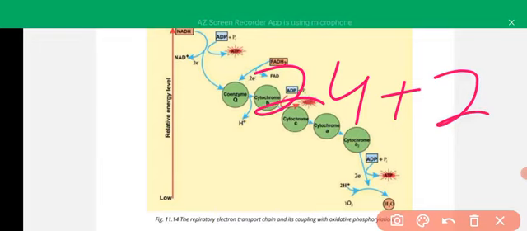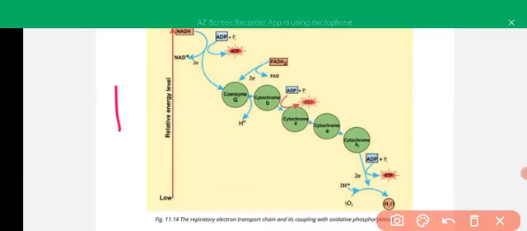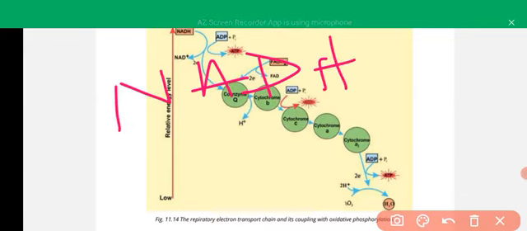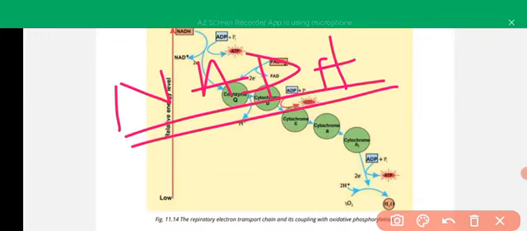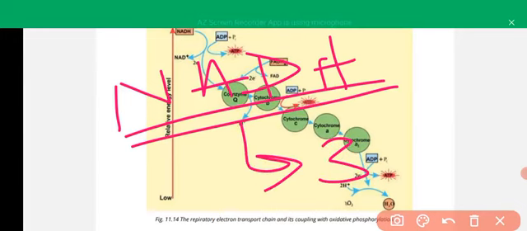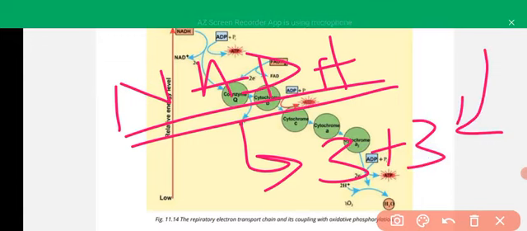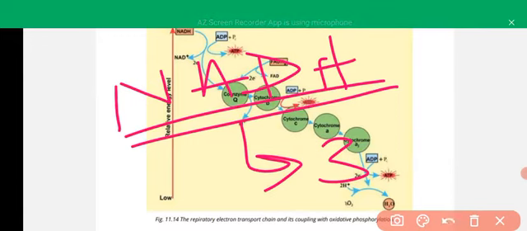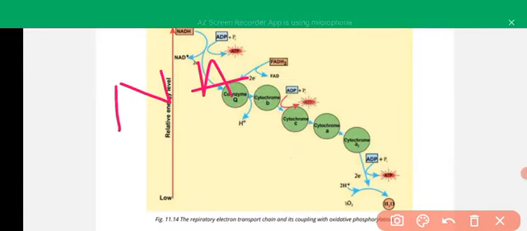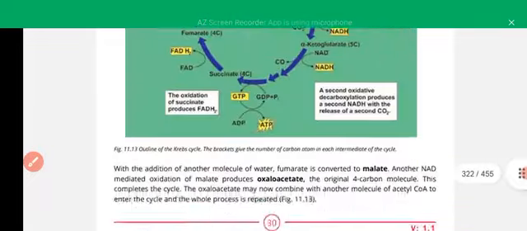There was also one NADH produced by oxidation of the pyruvate, and it will produce about 3 ATP, and for the other pyruvate it will produce about 3 ATP. So the total amount of ATP produced is almost 36 ATPs.